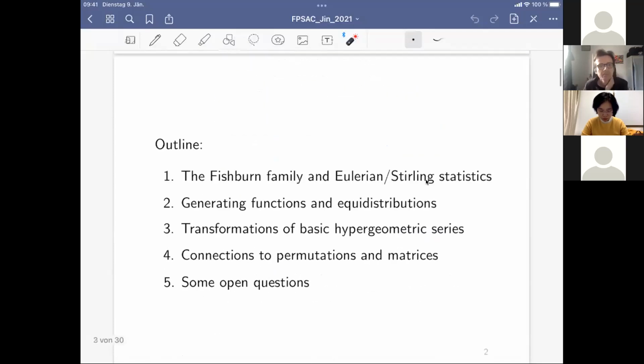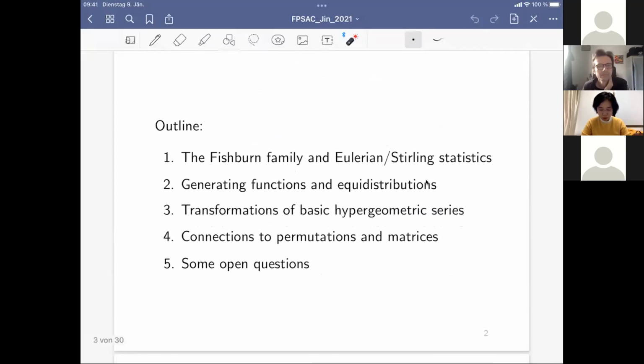This talk consists of 4 parts. I will start with an overview of the classical Eulerian and Stirling statistics and several combinatorial structures from the fishbone family. Then I will present the corresponding generating functions and our bijective proofs of the equidistributions.